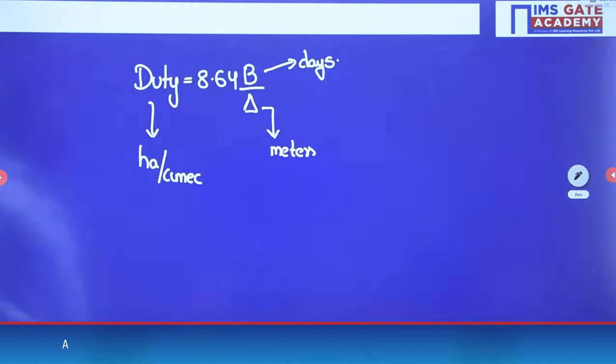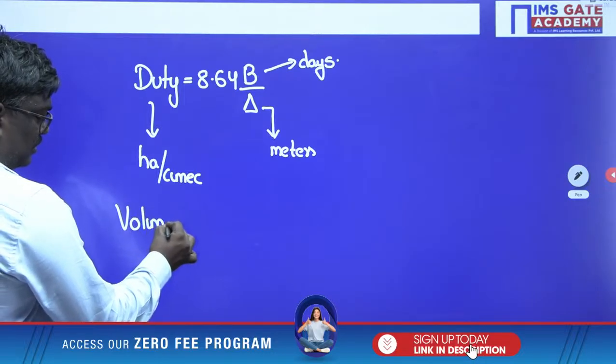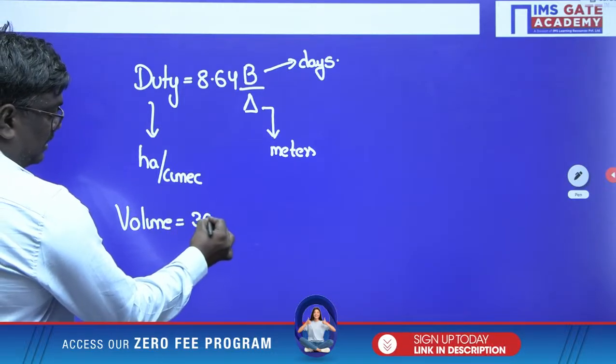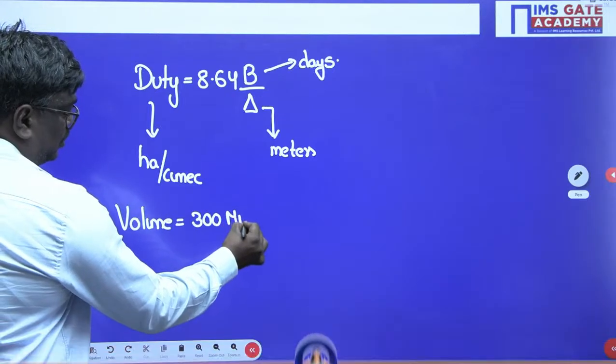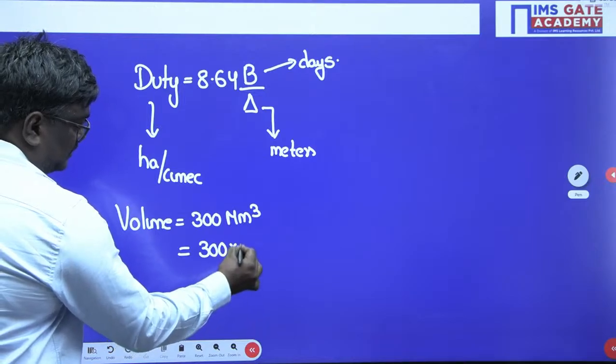Now see, students, here volume is given as 300 million meter cube. So here you can write it as 300 into 10 power 6.